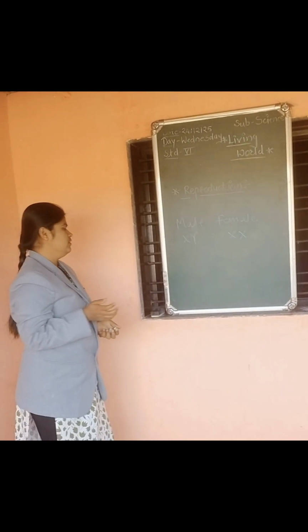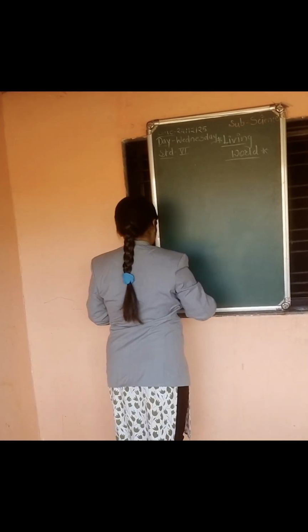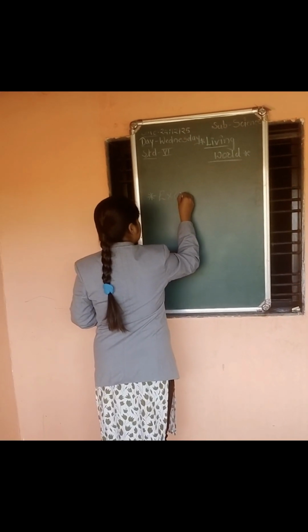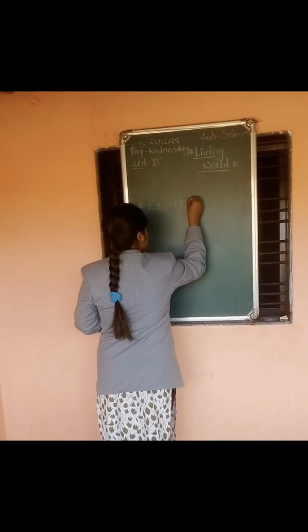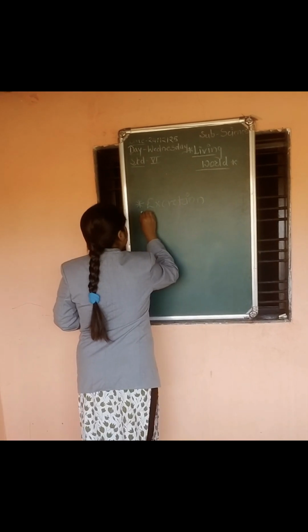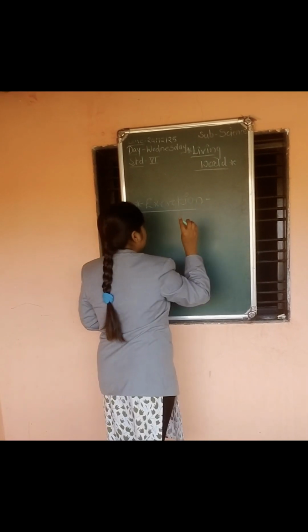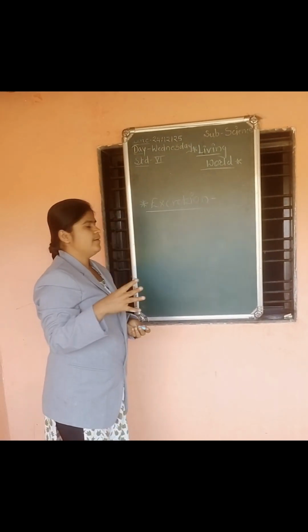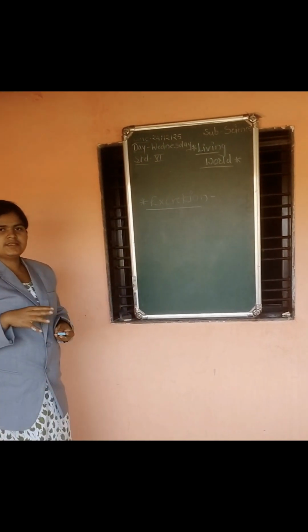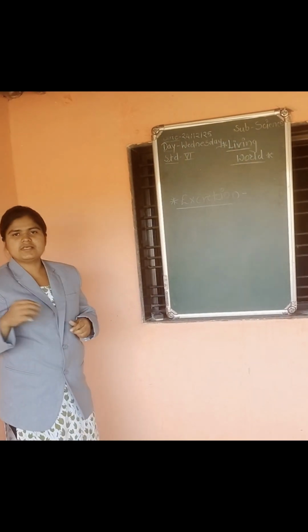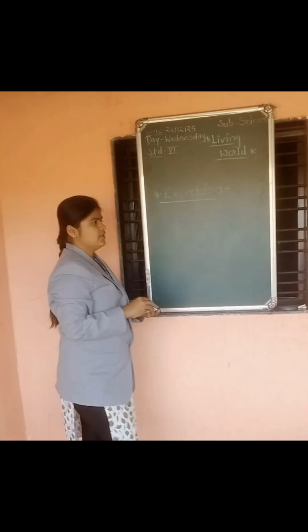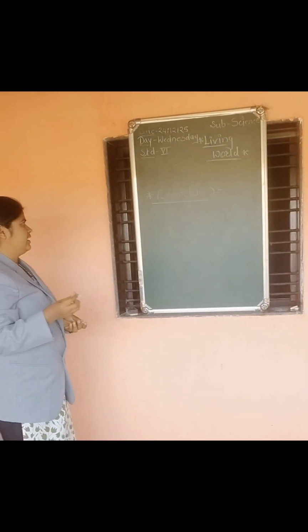Now we talk about the last property, that is excretion. Excretion is the property in which there is removal of fecal matter or removal of metabolic substances from the body of plants as well as animals. This is a very important property observed in both plants and animals.